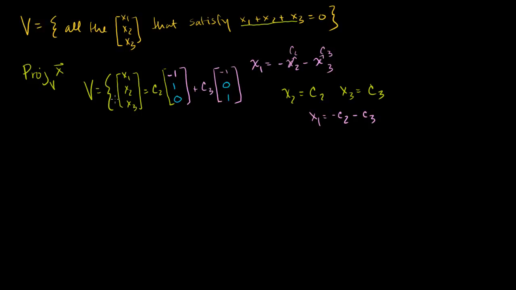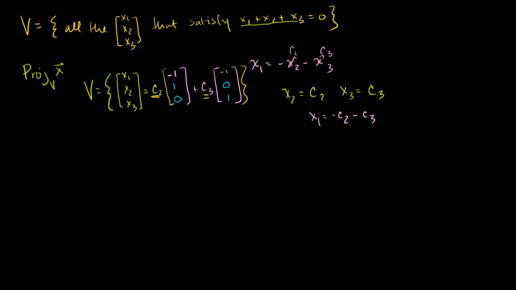And so this is another way of defining our subspace. It's all the vectors whose entries lie in that plane, for any real numbers C2 and C3.